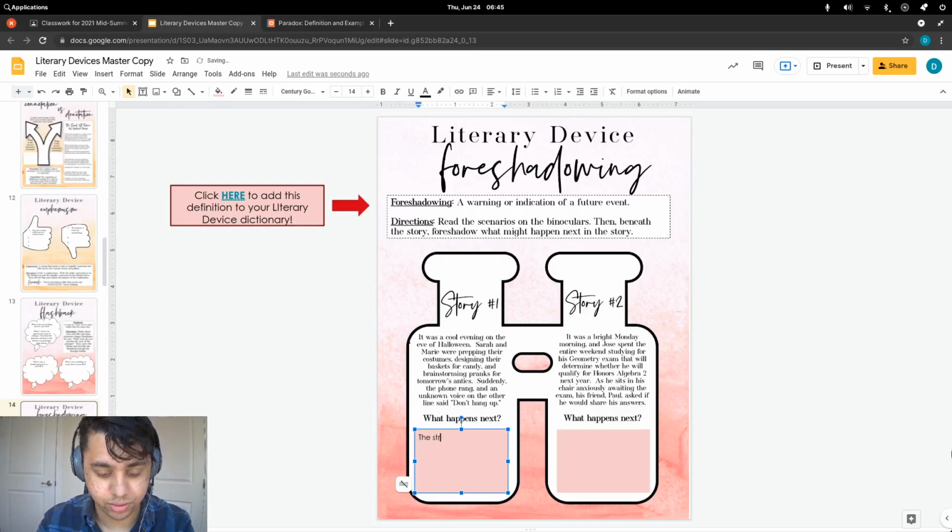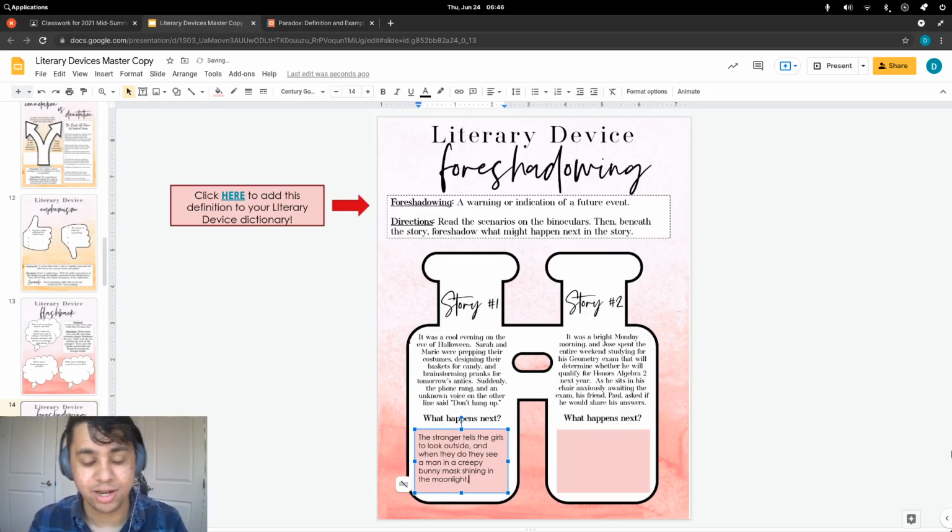The stranger tells the girls to look outside, and when they do, they see a man in a creepy bunny mask shining in the moonlight. Boom. Creepy situation, but I think it makes at least some sense. It's a possibility given the information that we just received.